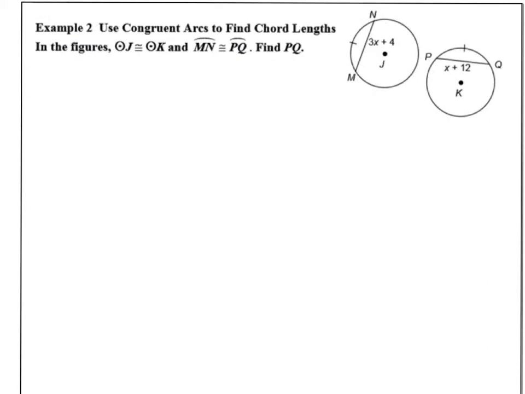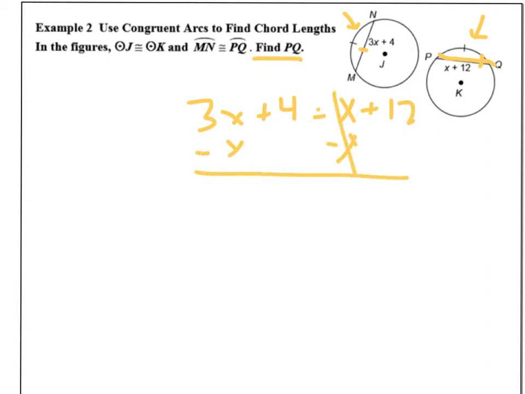And here's an algebraic example. These arcs are congruent, so since the arcs are congruent, you also know that these chords are congruent. If the chords are congruent, we need to find the length of PQ, and we know that it is x plus 12, so we need to solve for x. 3x plus 4 equals x plus 12. Minus x, you get 2x plus 4 equals 12.